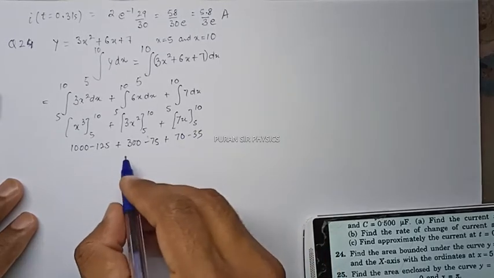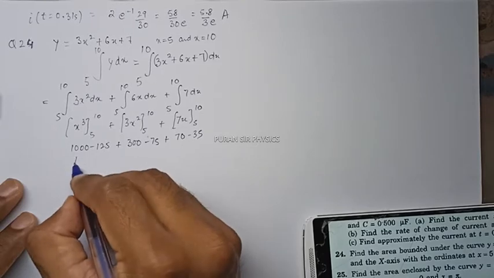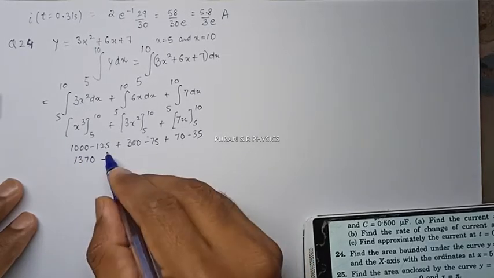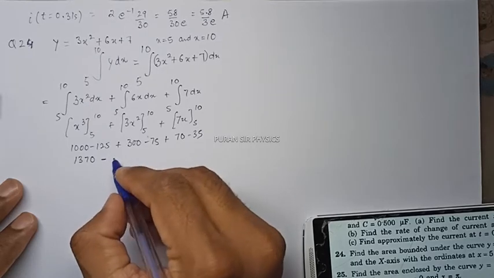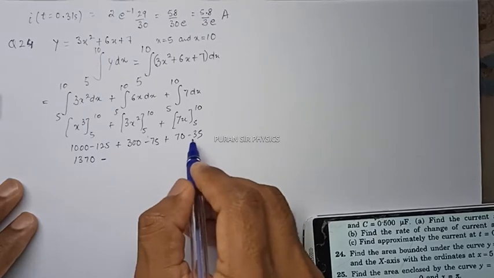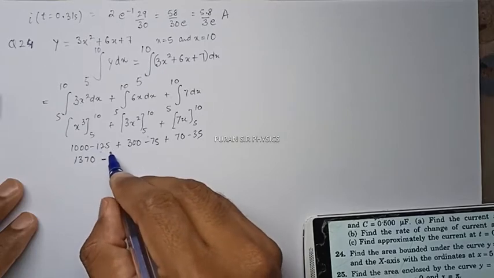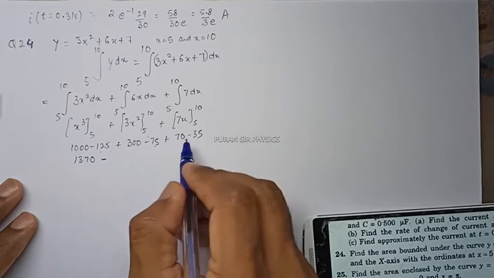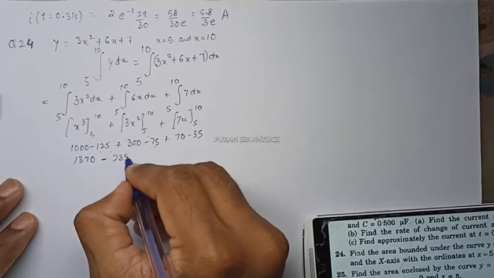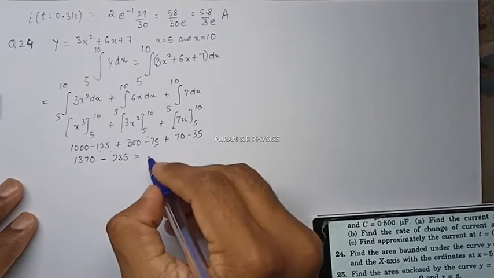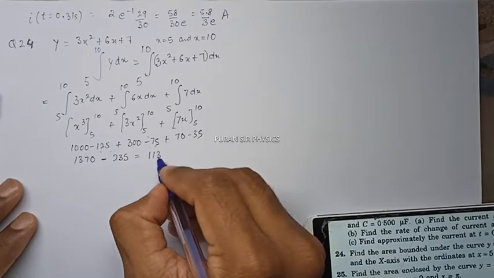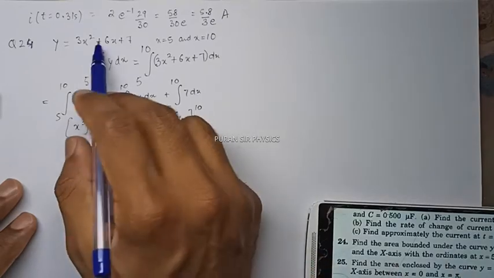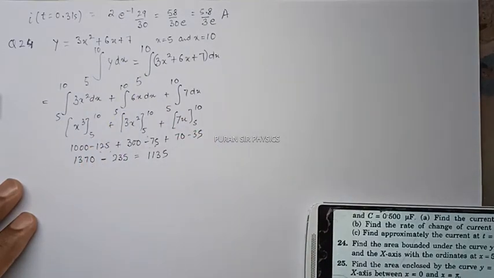So it comes out to be 1370 minus, so that will be 125 plus 75, that is 235. So it will be 1135. So this is the area bounded by this curve with the x-axis.